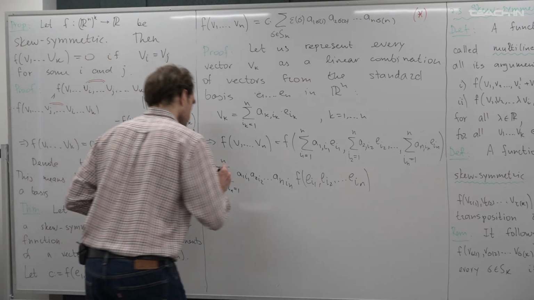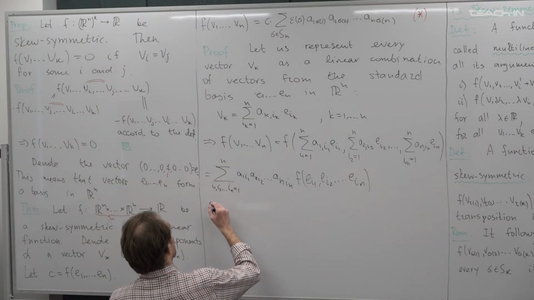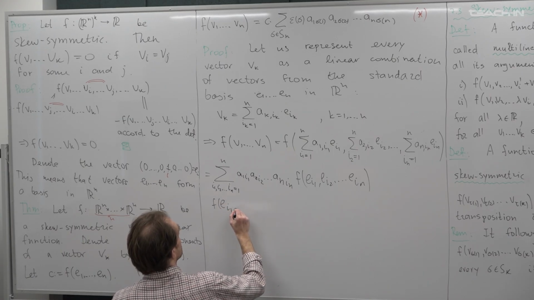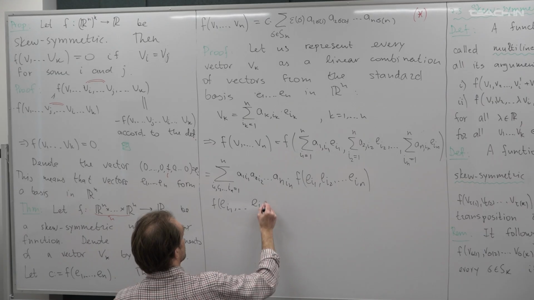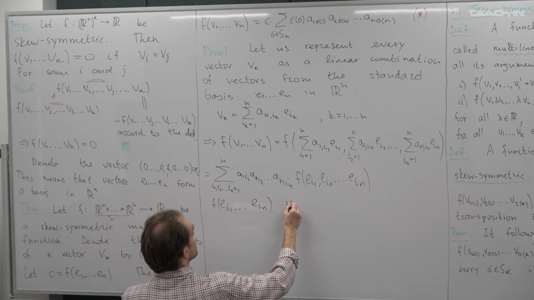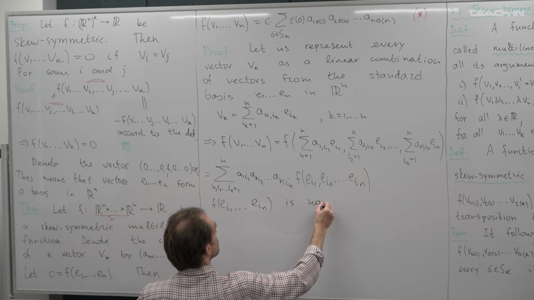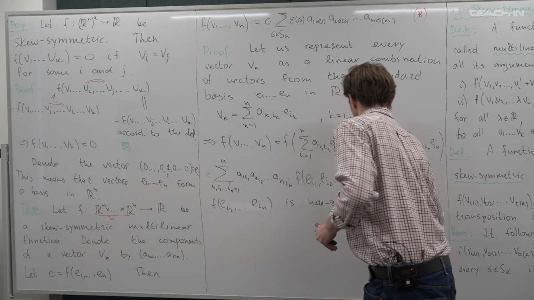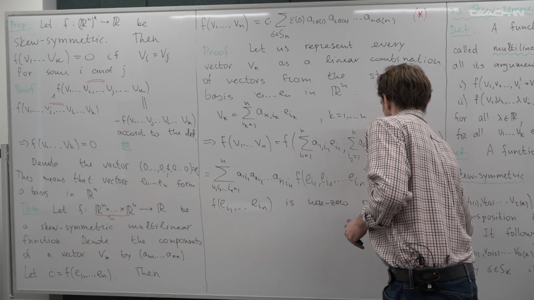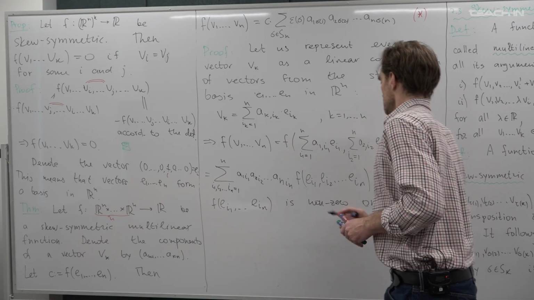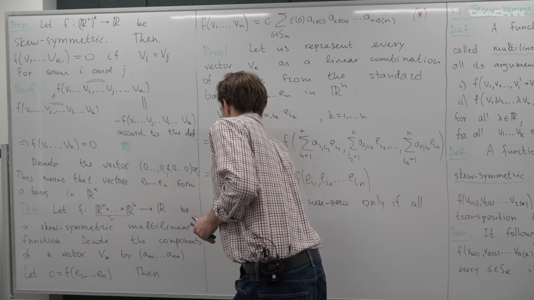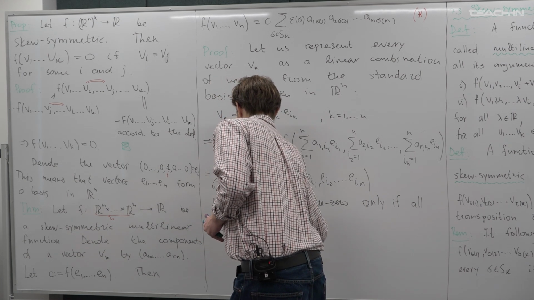So f of e sub i1, etc., e sub in is non-zero only if all arguments are different.